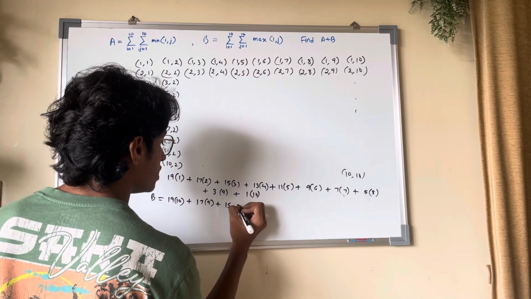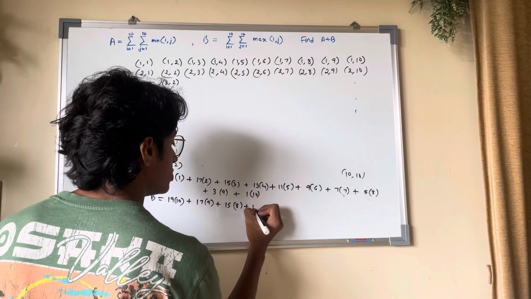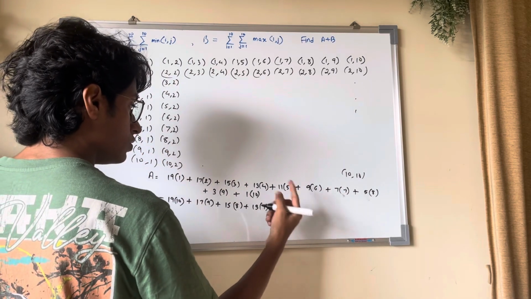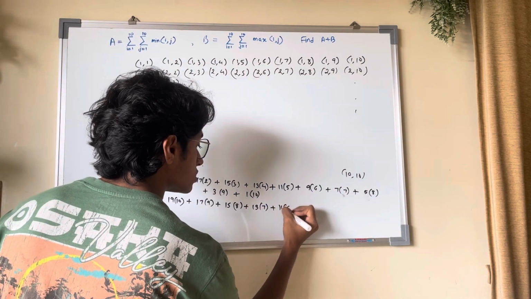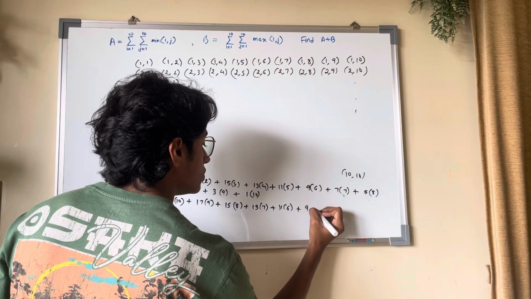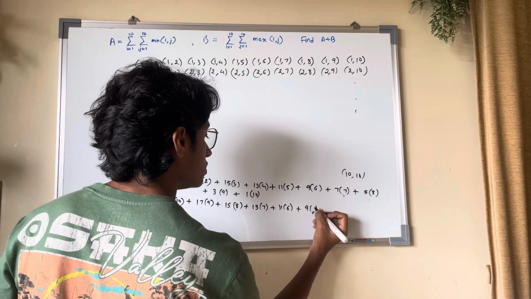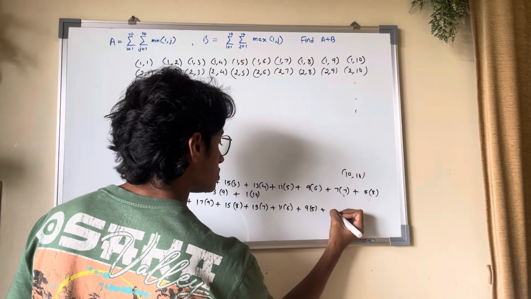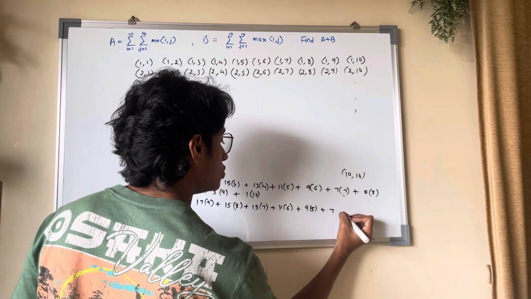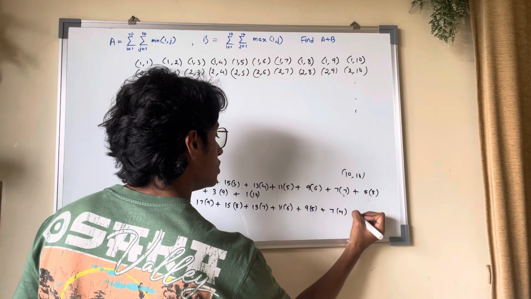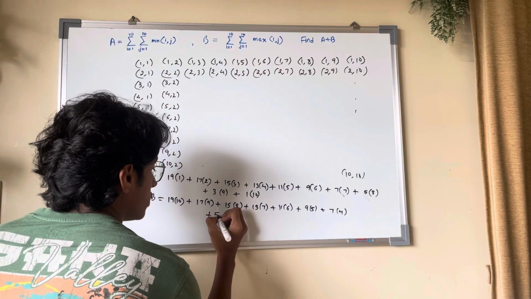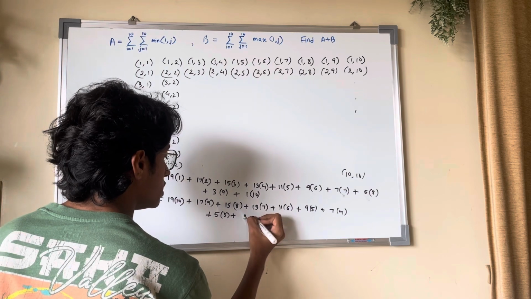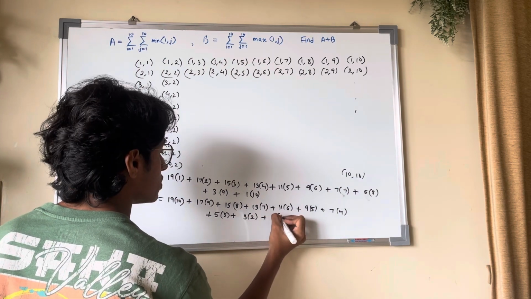The next will be 15 into 8, then 13 into 7, 11 into 6, 9 into 5, 7 into 4, 5 into 3, 3 into 2, and 1 times 1.